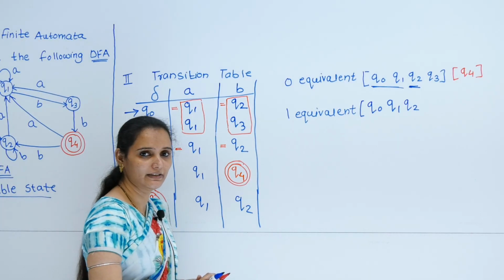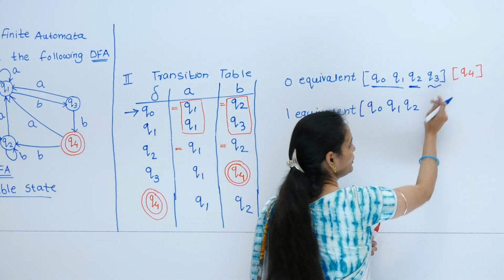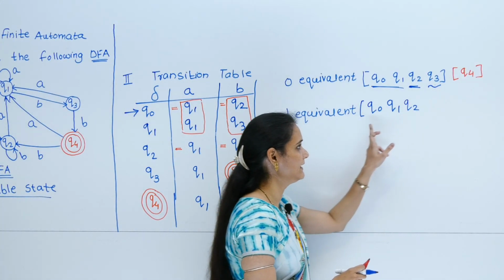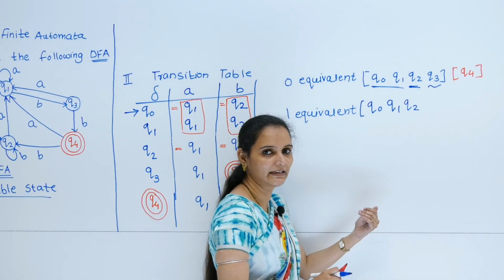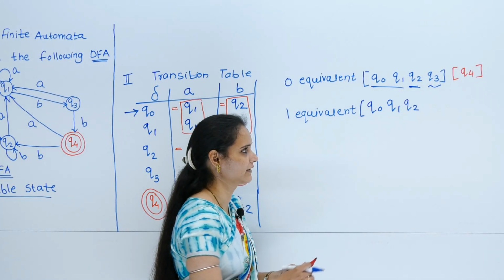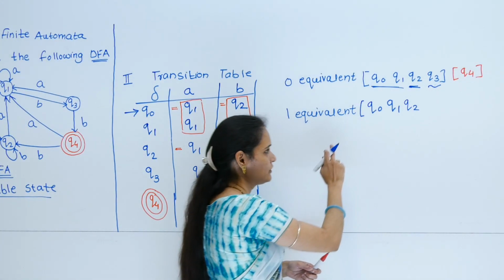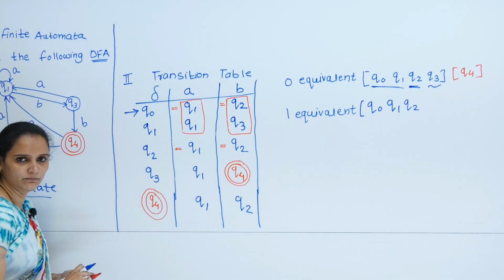Then what are we going to check now? The remaining state, which is Q3. Okay, so whether Q3 is equivalent with these three or Q3 will make a separate group, we are going to check. We can check with any one of them, so I can check Q3 with Q2.